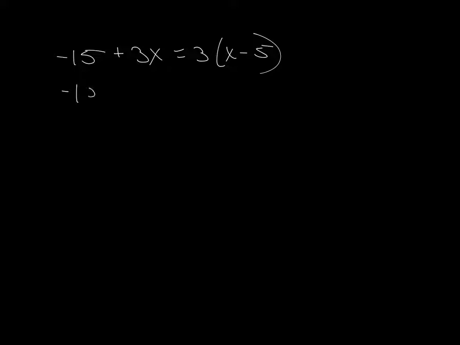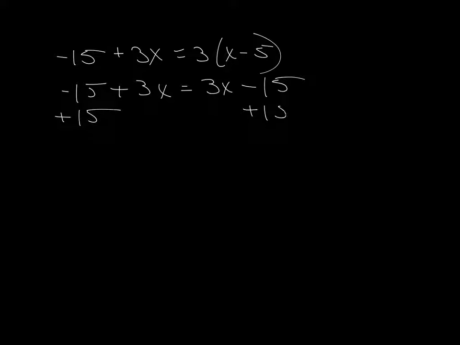Again, we do our distributive property. Okay, we add 15 to both sides, and we get 3x equals 3x, nothing there. Okay, that turns into a 0, and that turned into a 0.